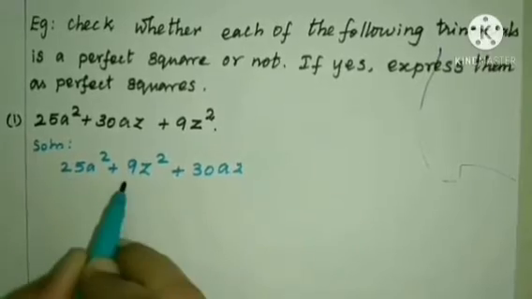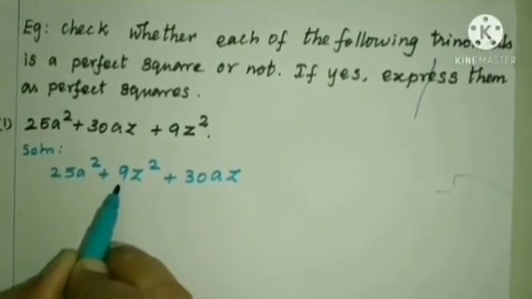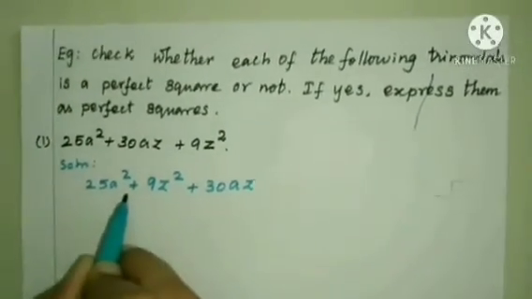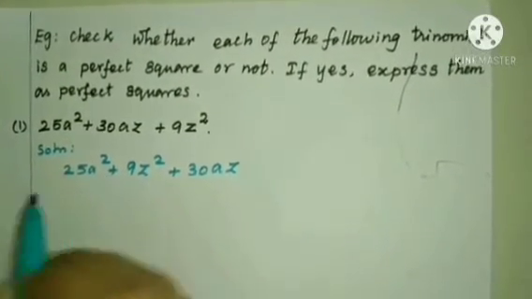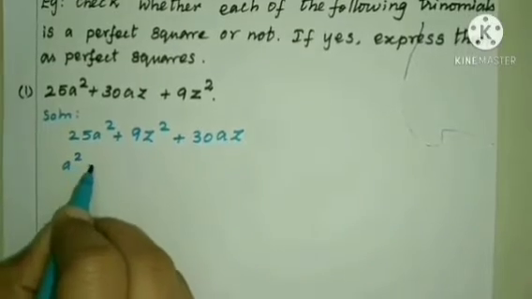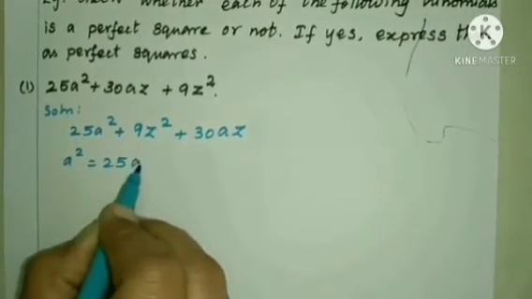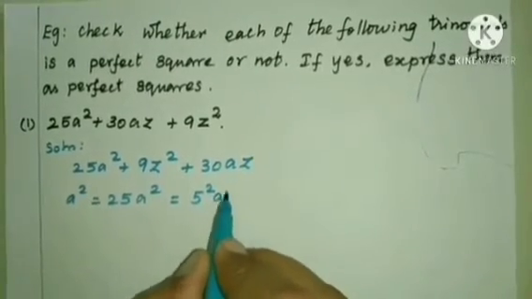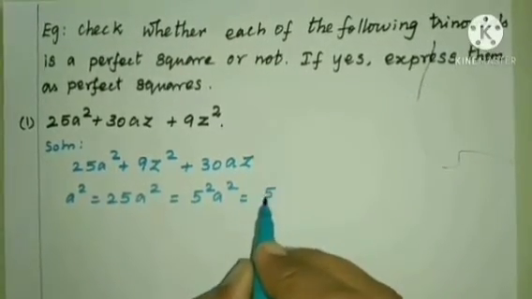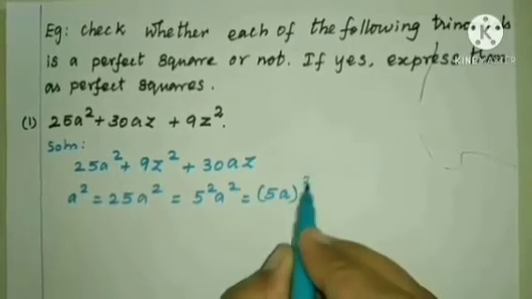25 is a perfect square number. 9 is a perfect square number. In between we have a positive sign. First element is positive, second element is also positive. So here a square is 25a square, which is equal to 5 square a square, which is equal to (5a) the whole square.